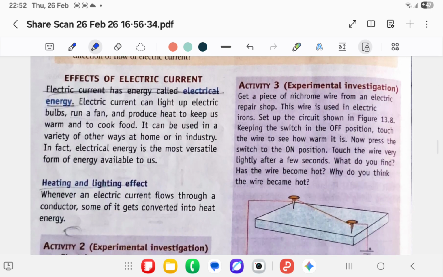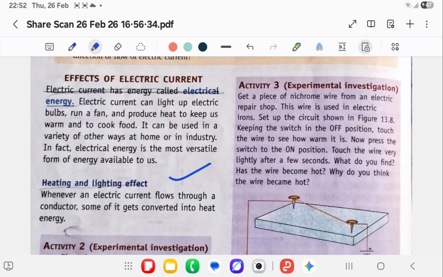Okay, now effects of electric current, as the chapter says, electric current and its effects. Now what are the effects of electric current? Simply, the first effect is the heating and lighting effect. Heating effect means whenever you turn on any of your appliances, if you turn on your rod for some time and after some time you touch your rod or the bulb, it is heated.